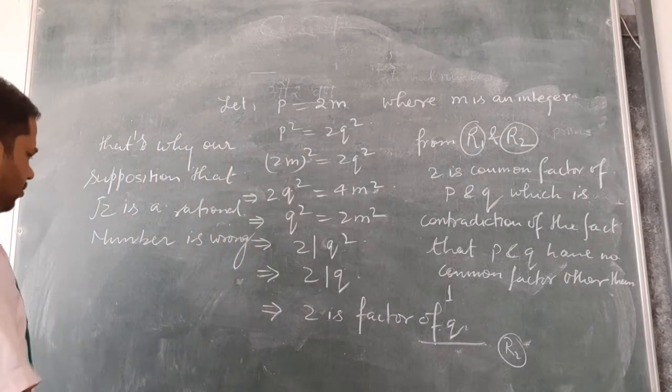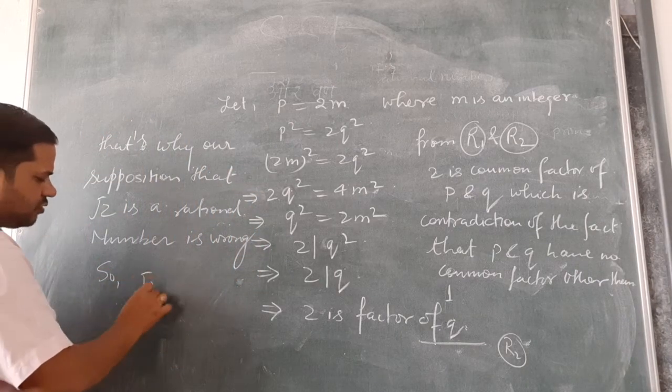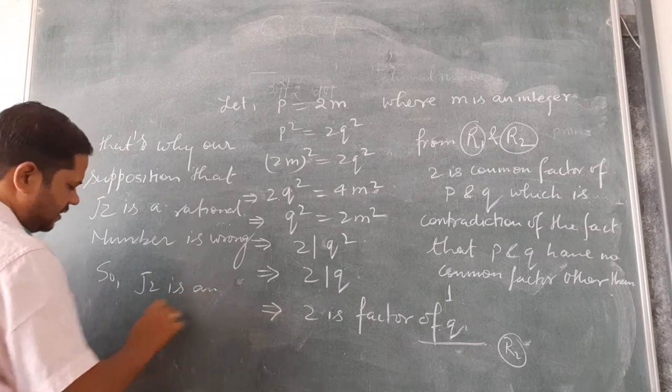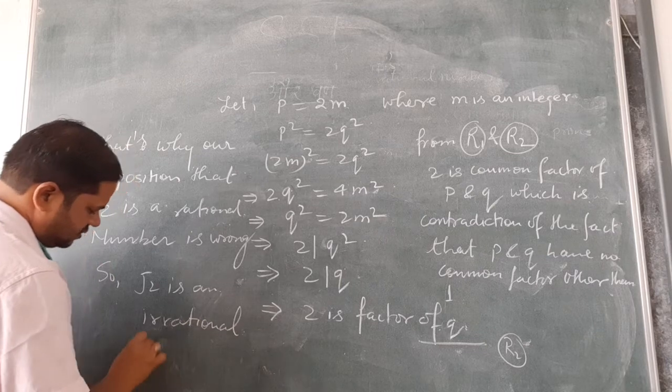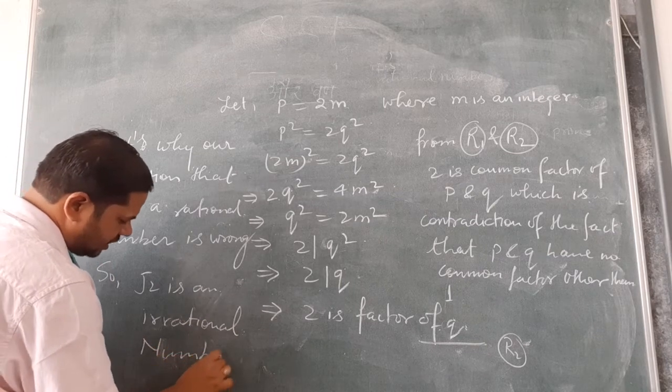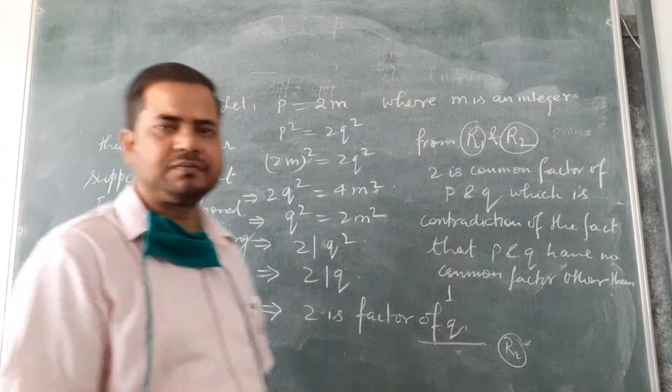So what is true? Root 2 is an irrational number.